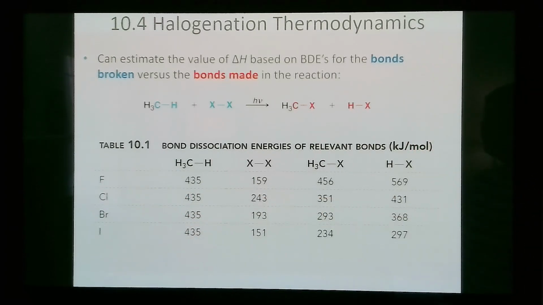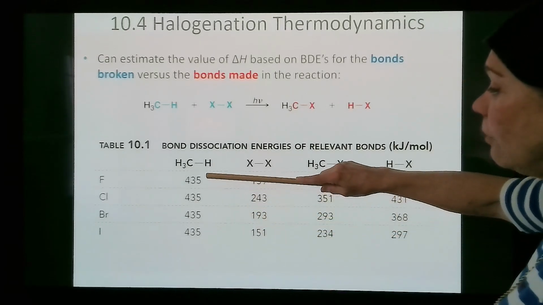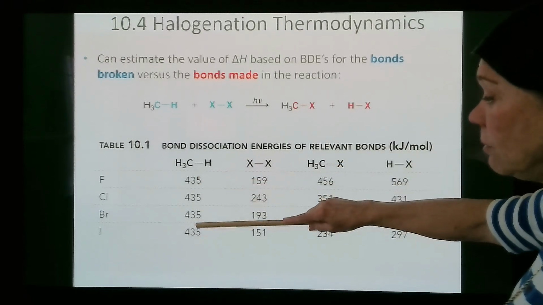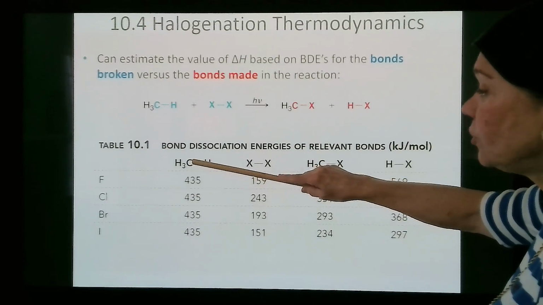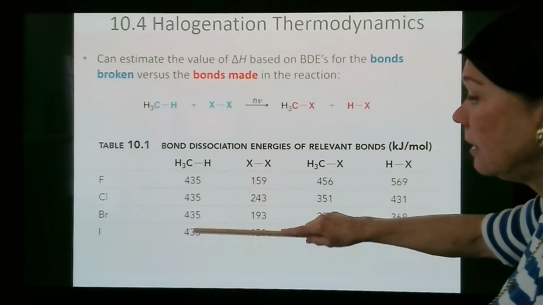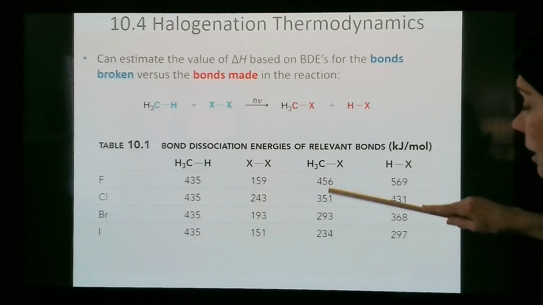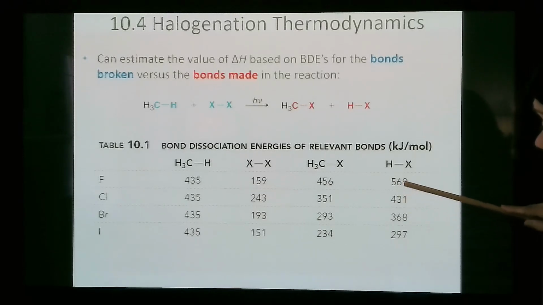And something that is significant that you can make note of right away is the rather high value of the BDE for the C-H bond. It's 435, and it's higher than most of the values, all except this one for the HX corresponding to fluorine.